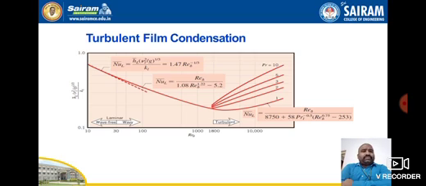Based on the conditions of the problem, we have to use the chart and find the equations. Some formulas are available in the heat transfer data handbook along with the charts. For turbulent film condensation, with various Reynolds numbers and the heat transfer coefficient of that fluid, we have to choose the formula and solve the problems.